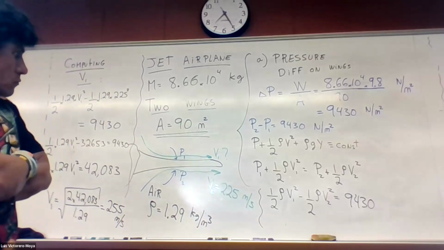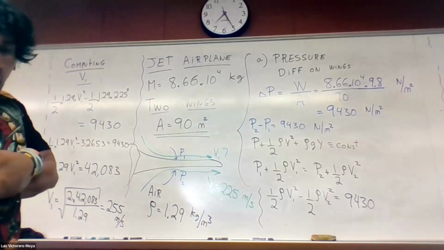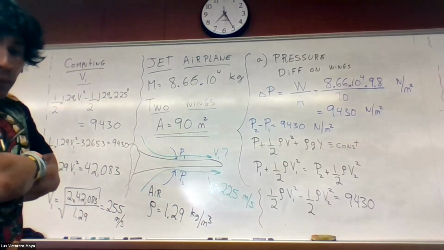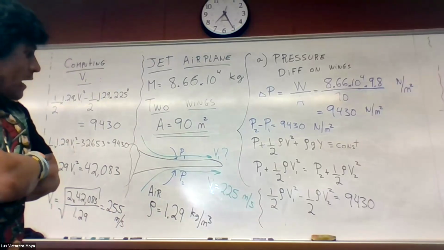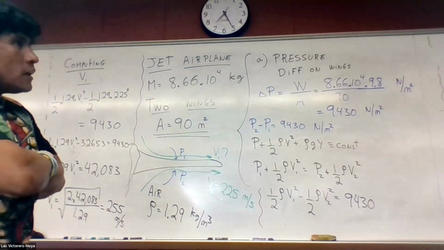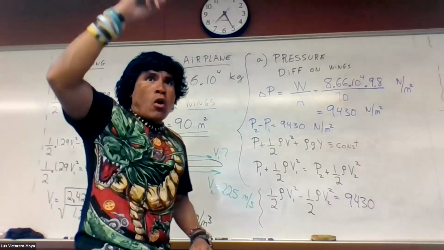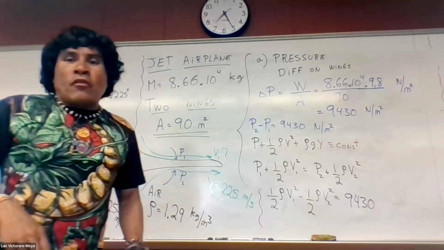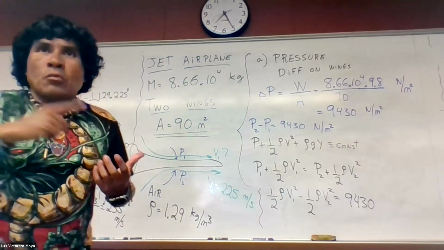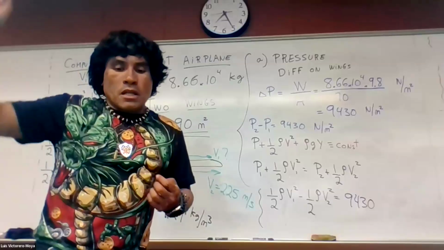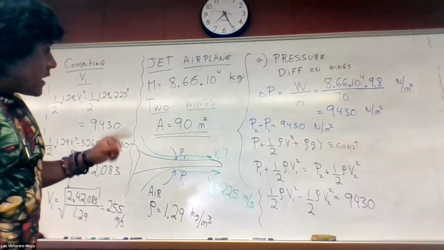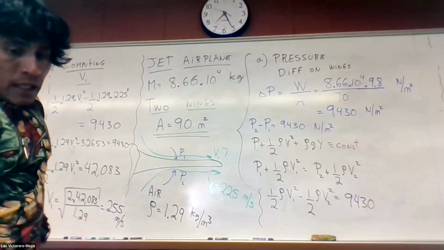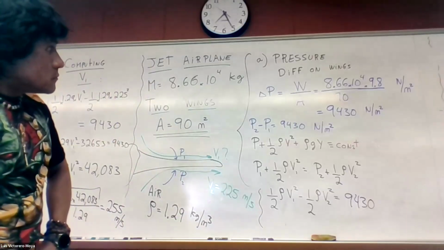All right. Now, what happens if you start increasing the altitude? What happens, and you should know this, is that the more altitude you go, the lower the density of air. That's why it's harder to breathe when you're climbing a mountain. If you lower the density of air, the pressure difference is way smaller.